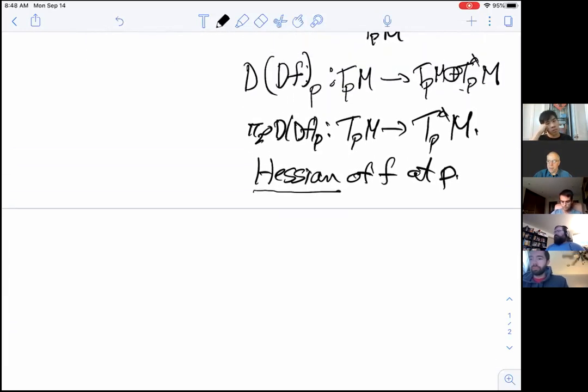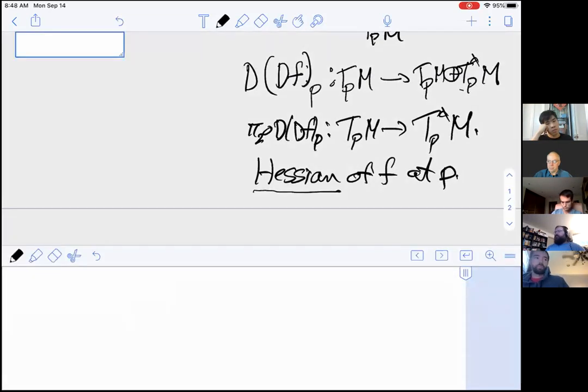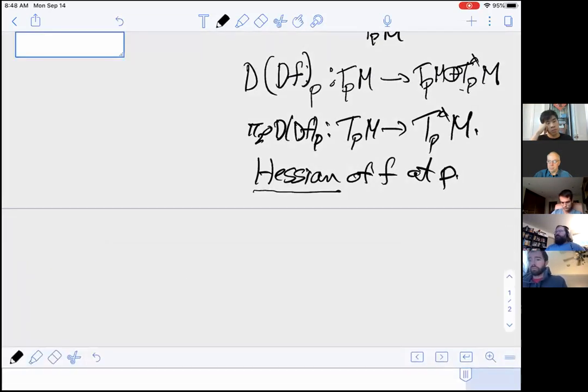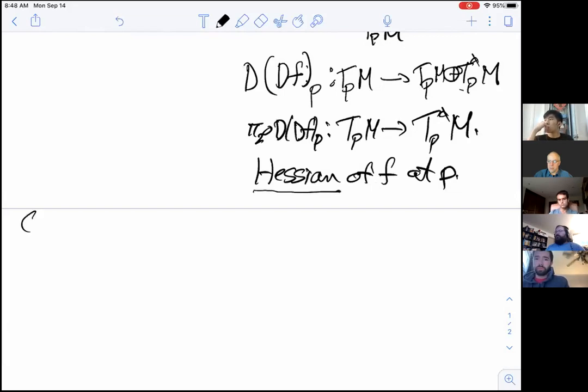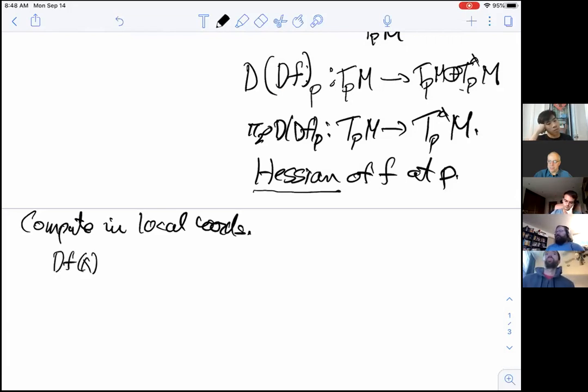Now we can compute the Hessian in any local coordinates. So we compute it in local coordinates. First of all, df of x is simply, in the trivialization, the local coordinates provide both the trivialization of the tangent bundle by the partial derivatives and a trivialization of the cotangent bundle by the differentials of the coordinate functions.